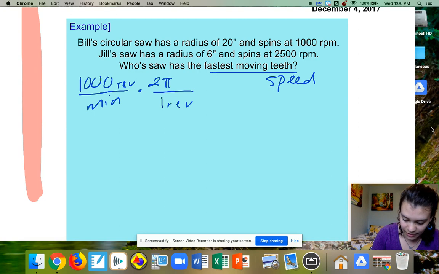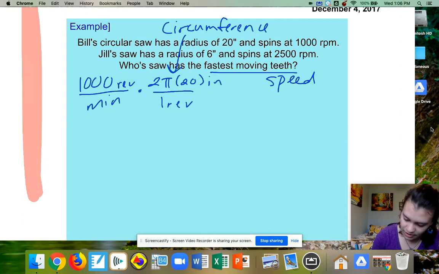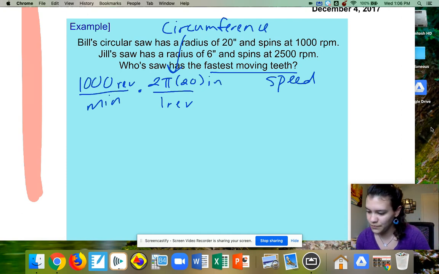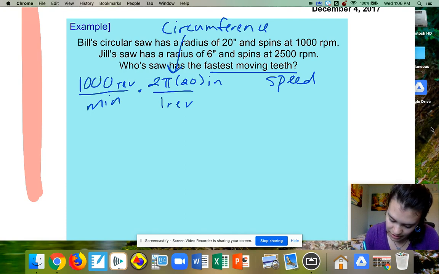So 2 pi times 20. This again is our circumference. And it says that it's 20 inches, so our units here are inches. At this point, we're getting rid of revolutions and switching to inches per minute.